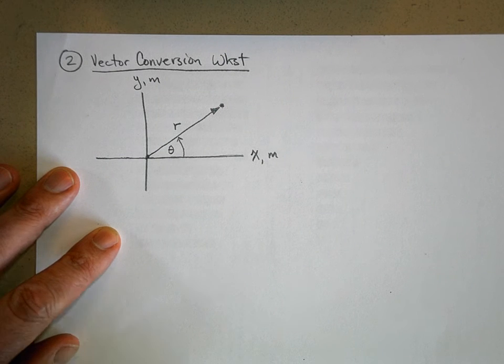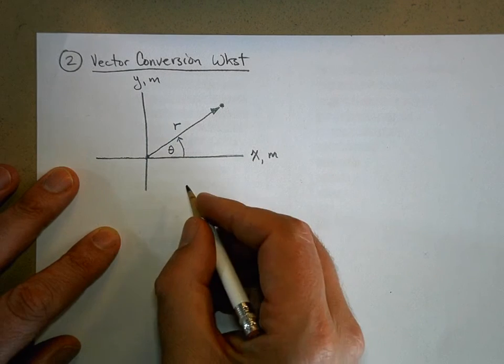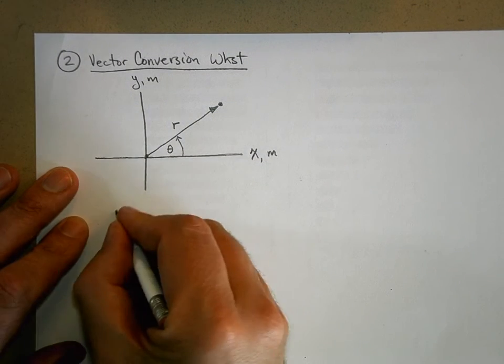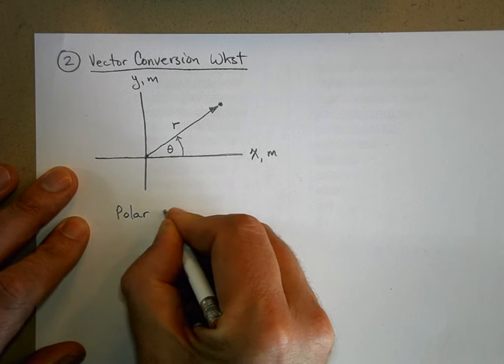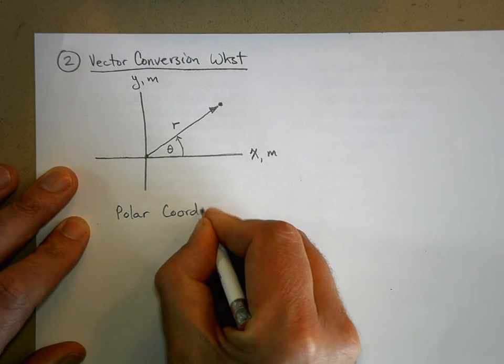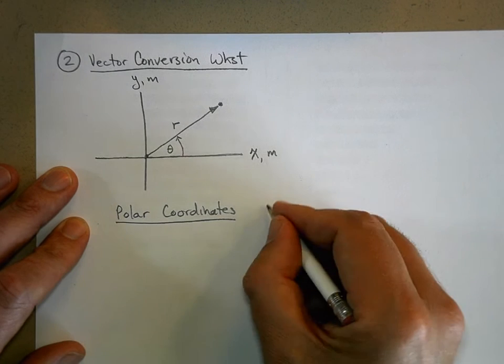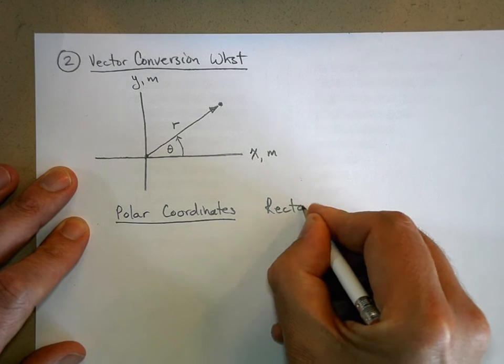So there are two ways of expressing where this object is with respect to the origin. I can use what are called polar coordinates, or I can use what are called rectangular coordinates.